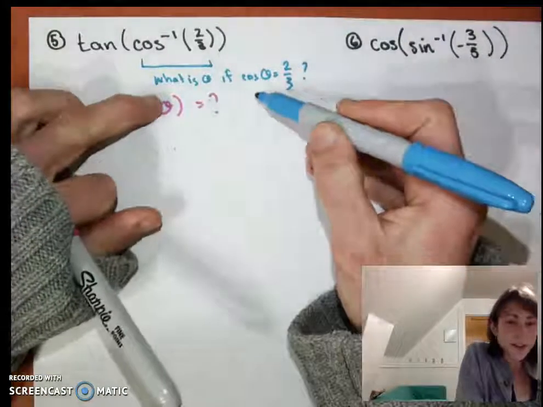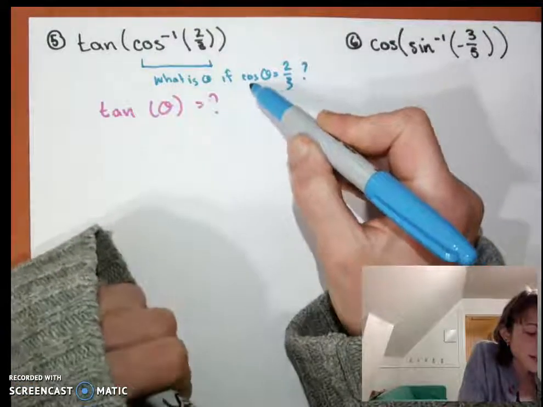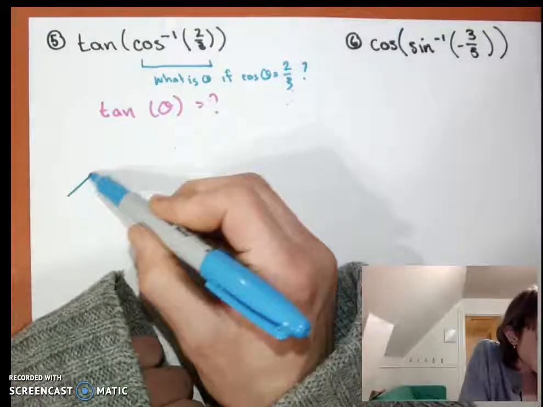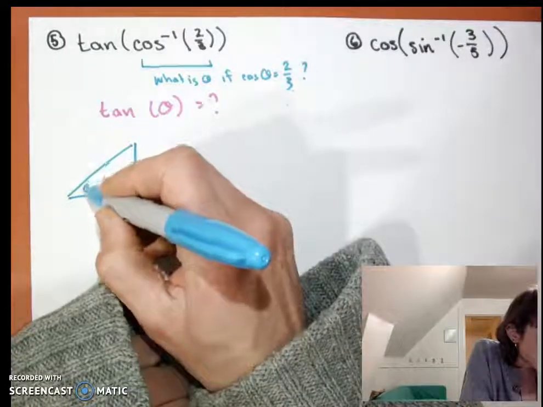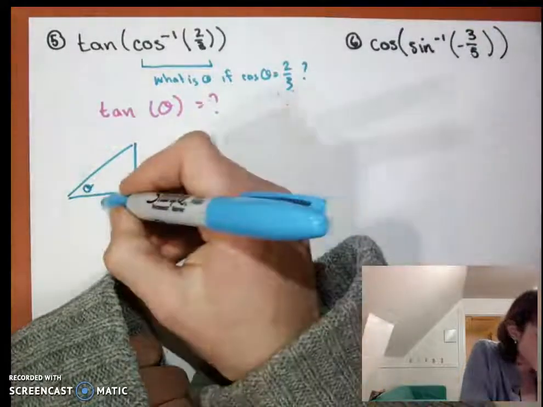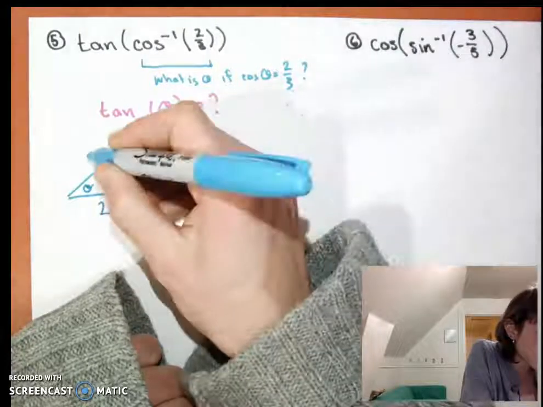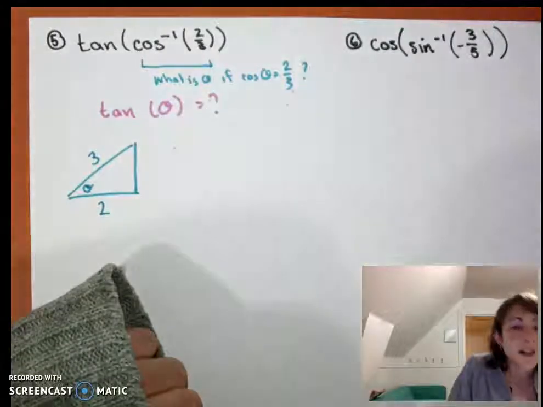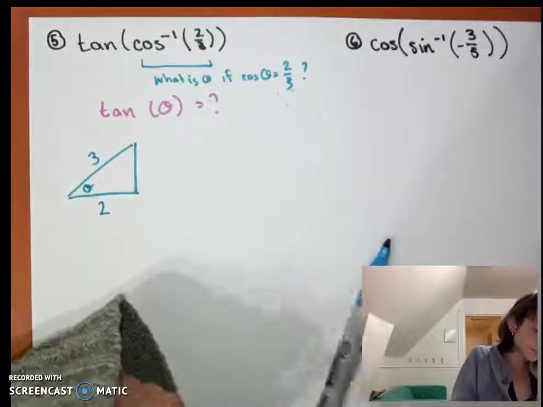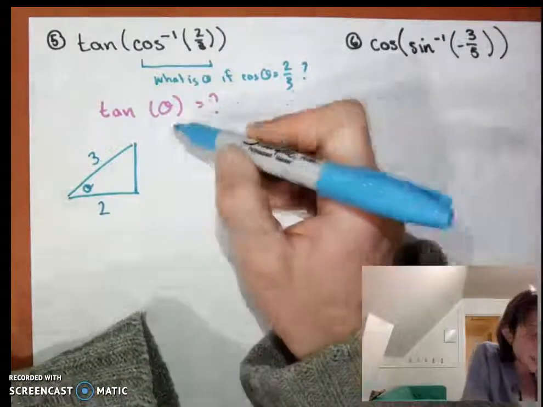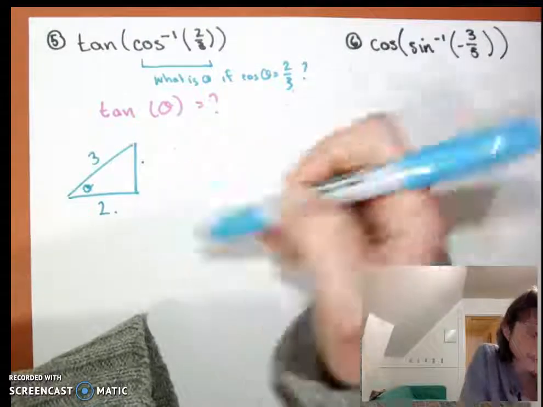So let's first answer the blue question. If cosine of theta equals 2 over 3, let's draw a picture where that's the case. So this is theta, cosine is adjacent over hypotenuse. So I have 2 over 3. Then I want to know what is tangent of this theta. Tangent is going to be the opposite over the adjacent.